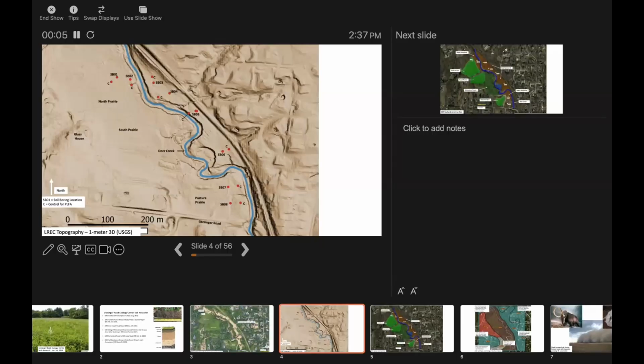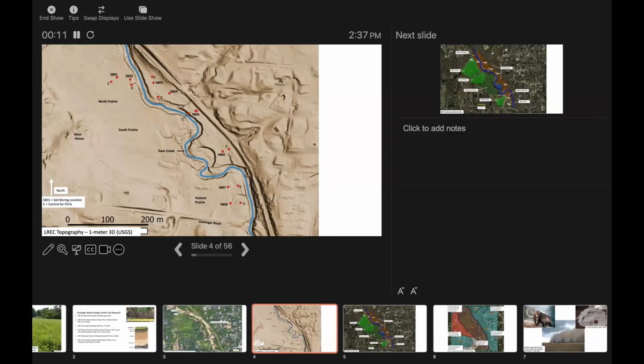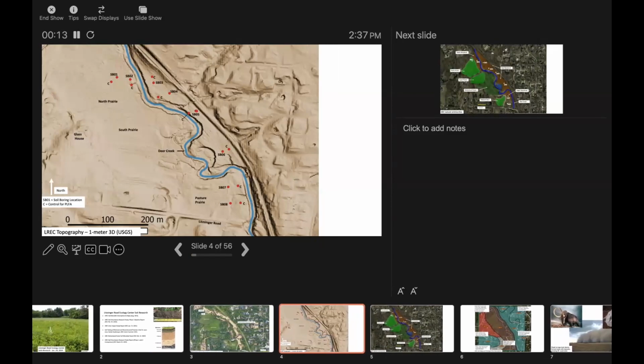You almost have to zoom in on this to see it. You can see it back here, Scott. Well, obviously you have an old oxbow right in here that still gets flooding periodically. And then you have some old channel stuff in here.